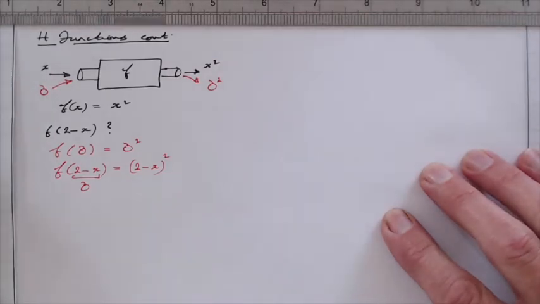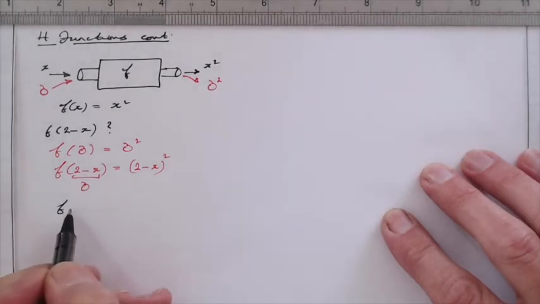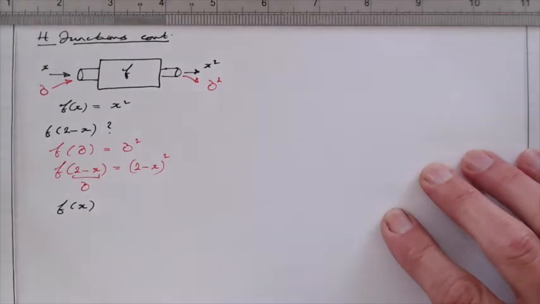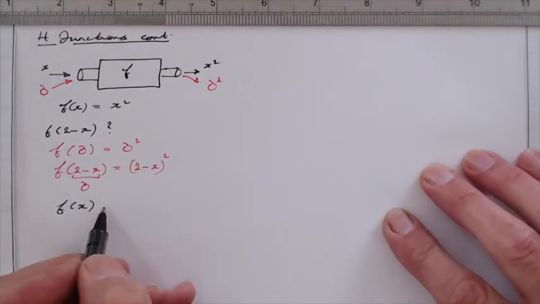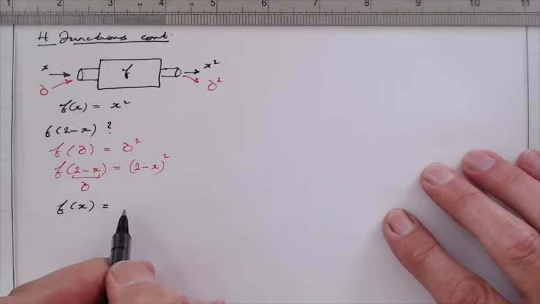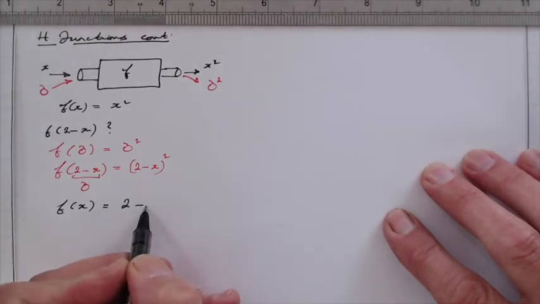Let's do another example. Let's imagine we had a function that was defined, and you see we nearly always use x as the default to define a function. Let's say we had a function f of x defined to be, what shall I choose? Let me say it is 2 minus sine x.